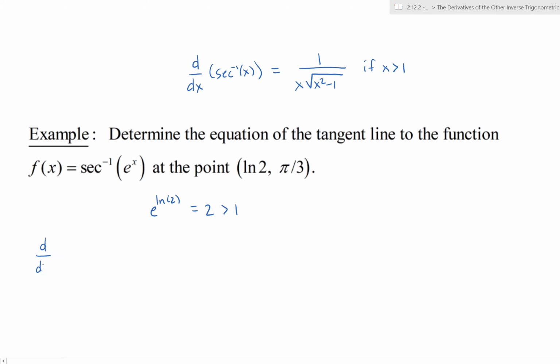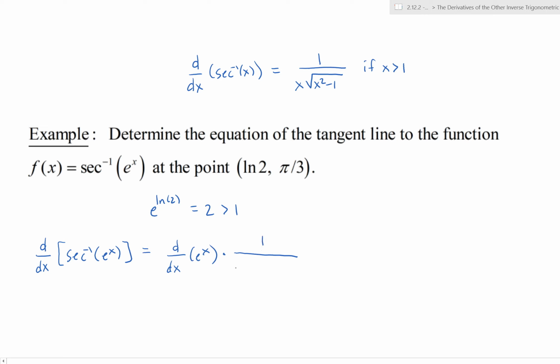It follows that the derivative with respect to x of secant inverse of e to the x uses the chain rule: the derivative of the inner function, e to the x, times the derivative of the outer function, except now x is e to the x.